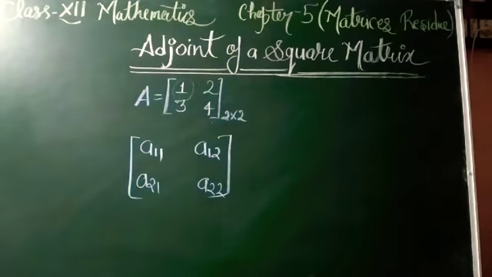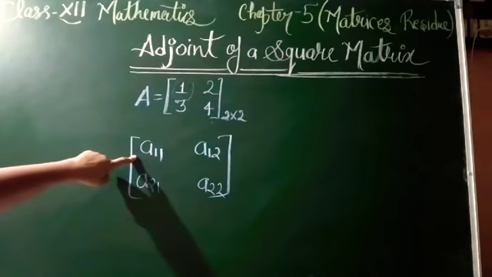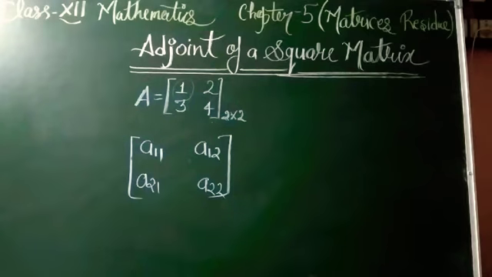In determinants we already learned how to find determinants, but I will explain once again. We find the cofactor of the first element and the second element, and so on. Once this matrix is done, we need to find its transpose.